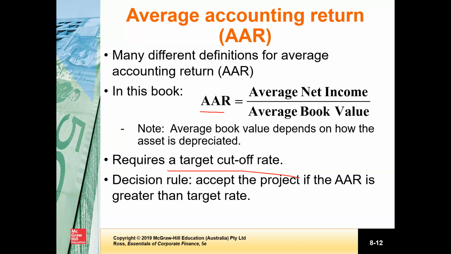If the accounting rate of return that we calculate is 10%, and the target required rate of return is 15%, in that case, this project will be rejected, because its accounting rate of return is less than the target rate. On the other hand, if we calculate average accounting return of a project and it is higher than the cutoff rate, then the project will be accepted.